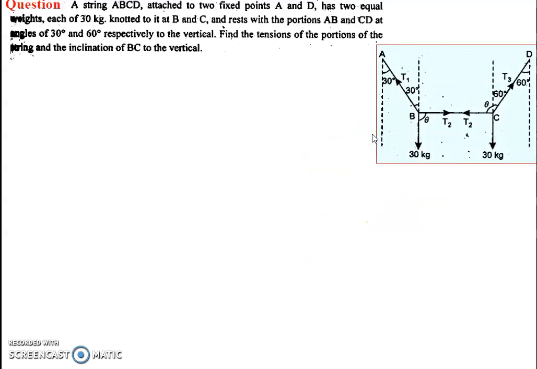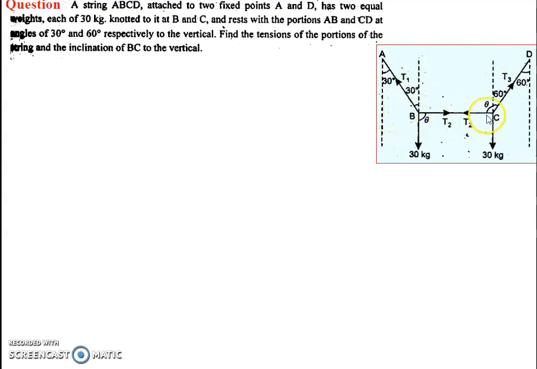Here we have four points: A, B, C, D. Two points are fixed, the fixed points are A and D, and a weight of 30 kg is knotted at B and at C, 30 kg and 30 kg. AB and CD make angles of 30 degrees and 60 degrees with the verticals.